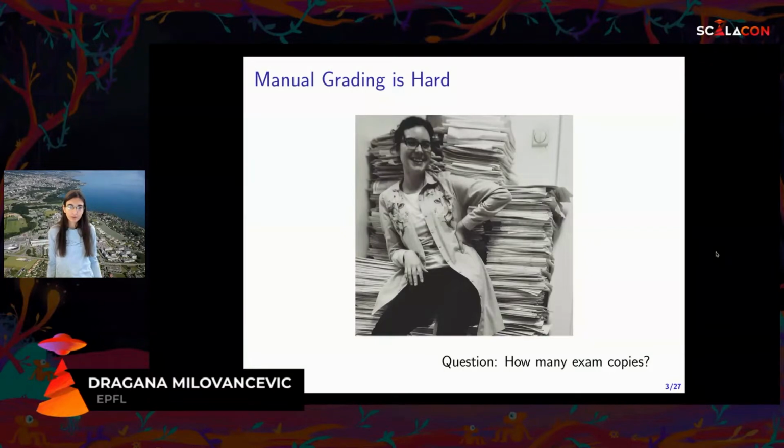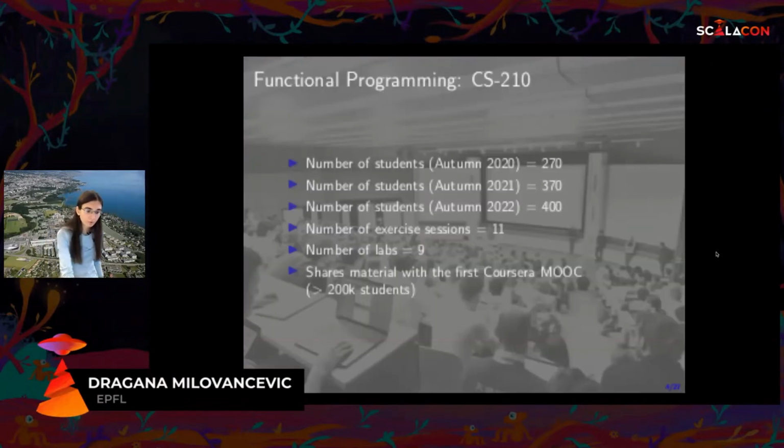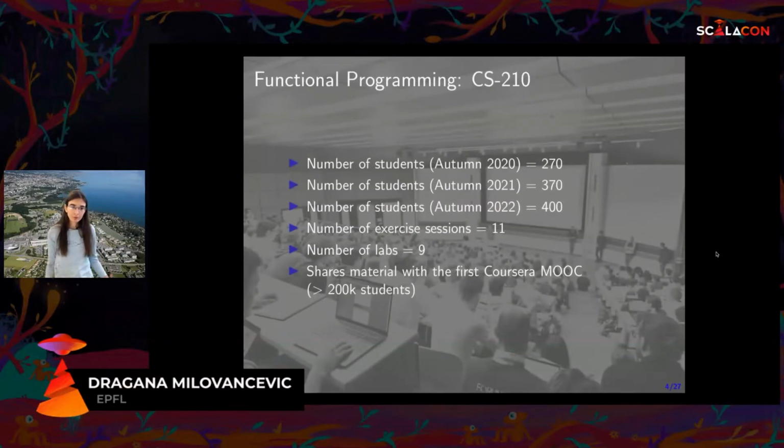I don't know exactly how many copies there are in the picture. It was a while ago, but I can give you some numbers for this year for EPFL, for functional programming. This year, we have more than 400 students taking the Scala class. And as you can see, the number is growing over the years. What you should have in mind is that those students are taking exams.